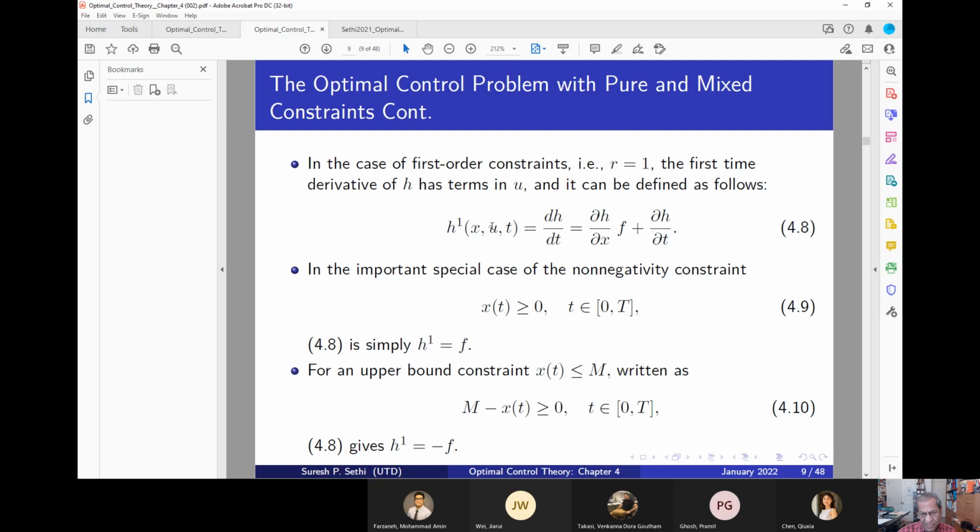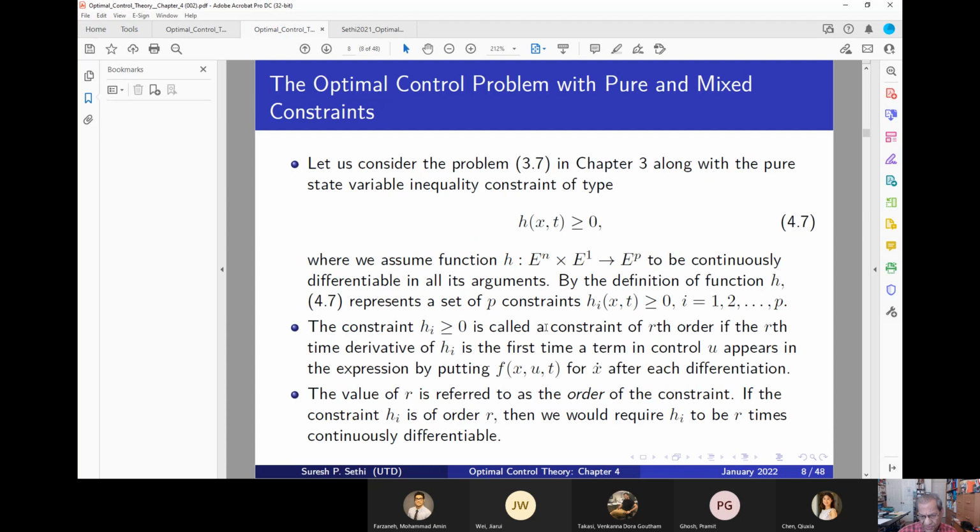And I want that derivative to have a term in u. It cannot be without u, like the train example. So each of these constraints, h sub i, would have to be a first-order constraint.